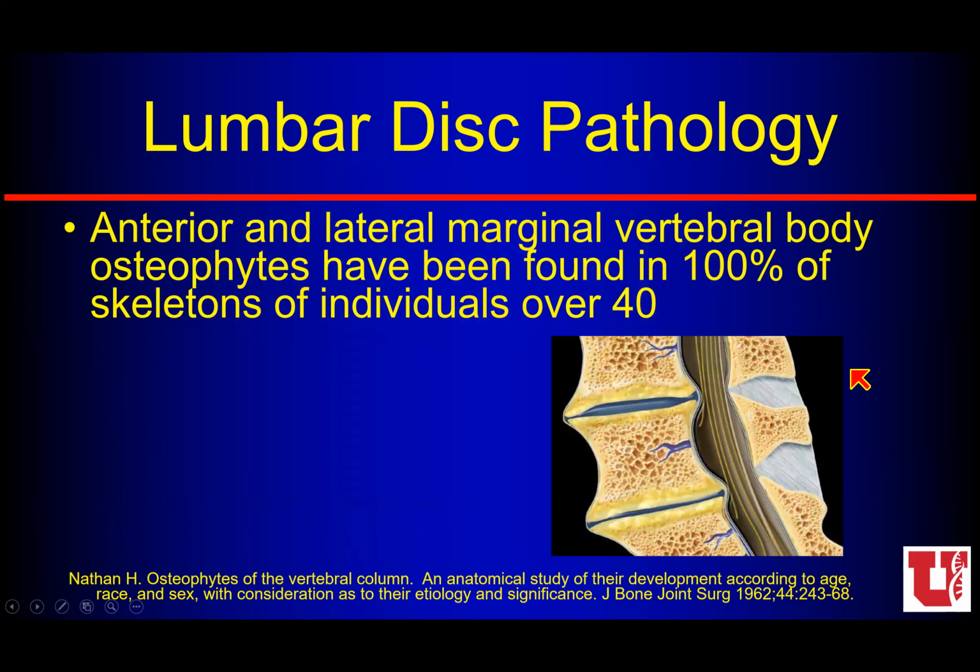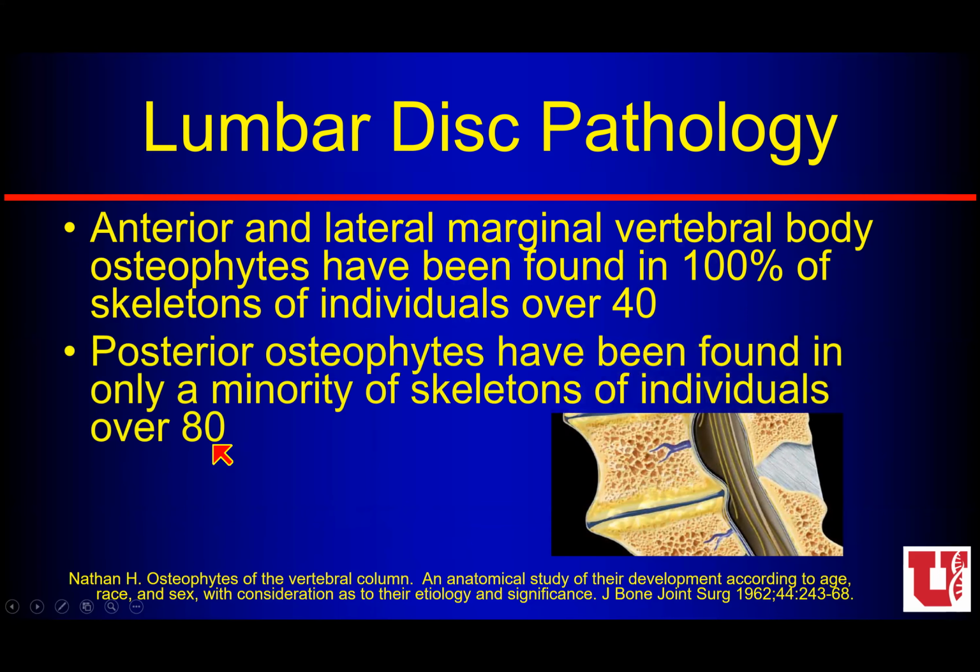Now, there was some very interesting research actually looking at pathology specimens, and about 100% of skeletons of patients over 40 had anterior and lateral osteophytes. So anterior and lateral osteophytes are normal aging.